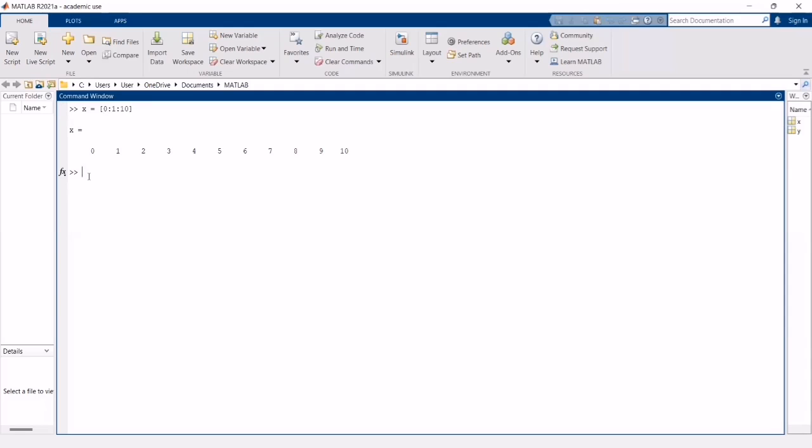And then we write down the y equation, which is 50 multiplied by 250 by x, and then we just write plot x, y.